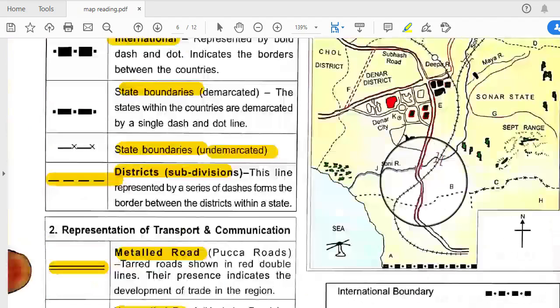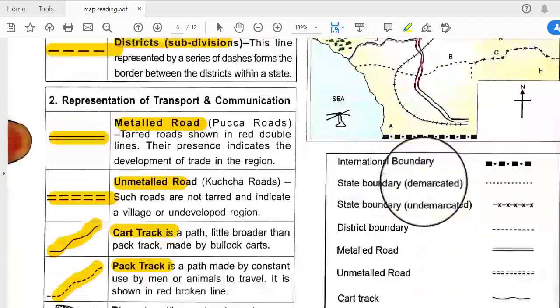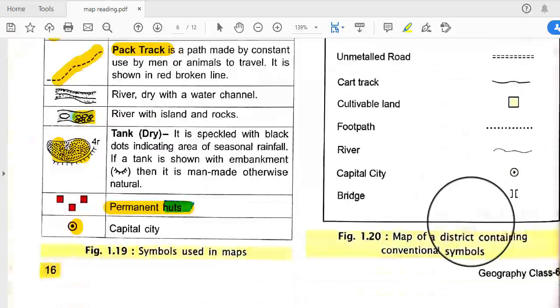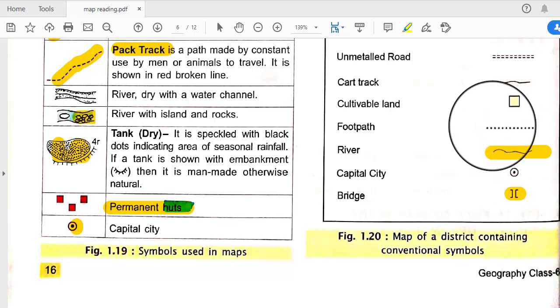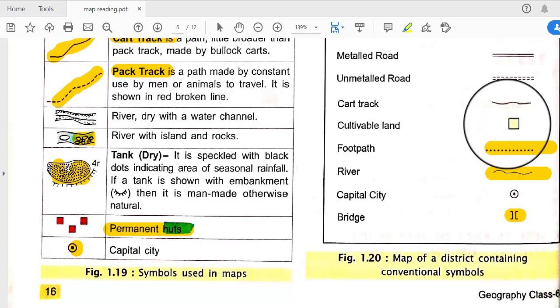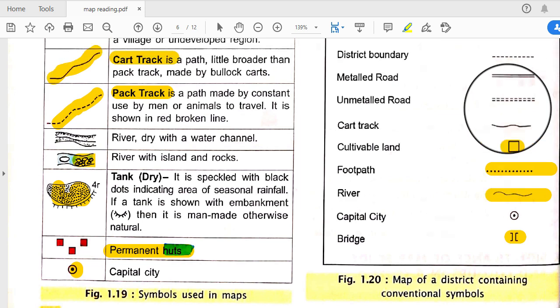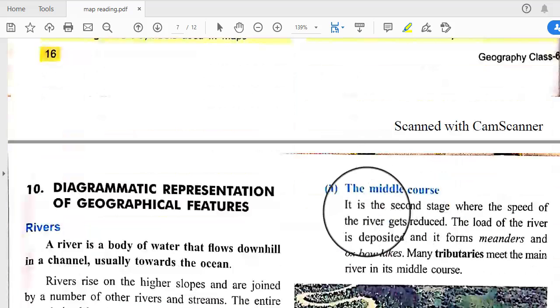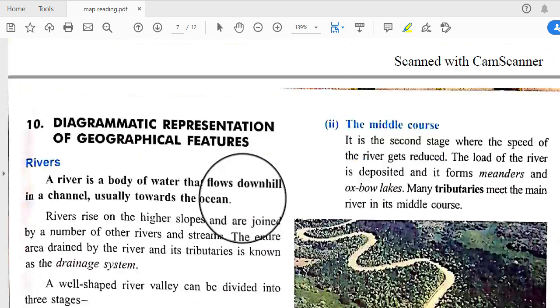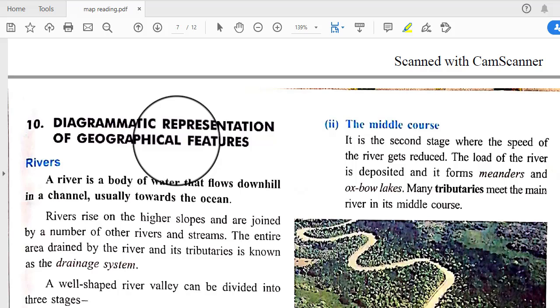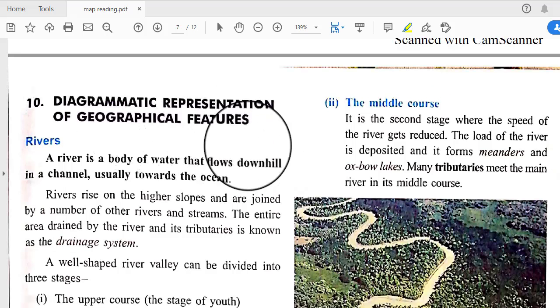There are other symbols, like the international boundary, which we have already discussed. Bridge, river, footpath, and cultivable land: yellow color we use basically for denoting cultivable land. Next is the cart track; these kinds of symbols we use for denoting the features. And now, diagrammatic representation of geographical features.